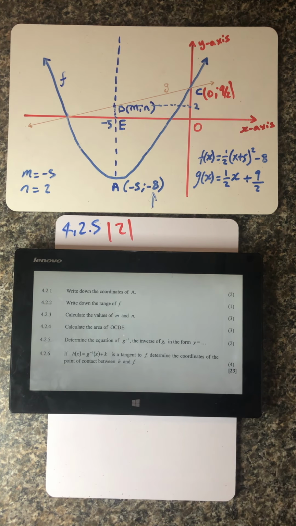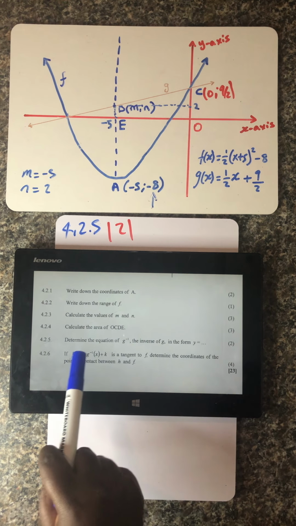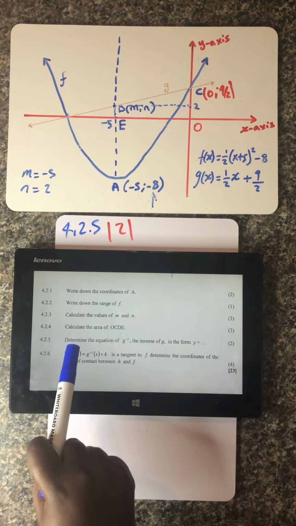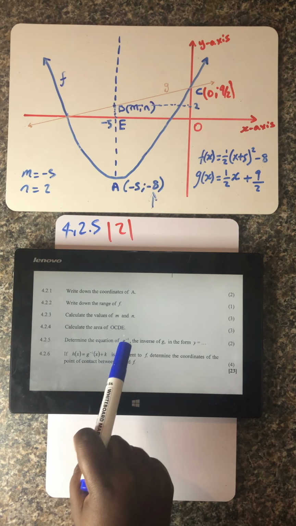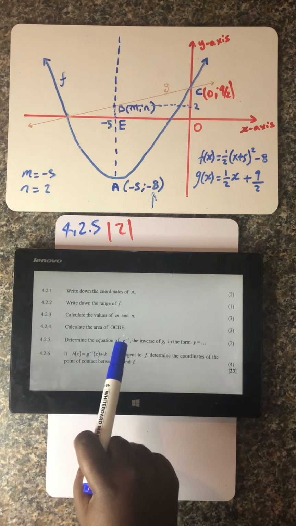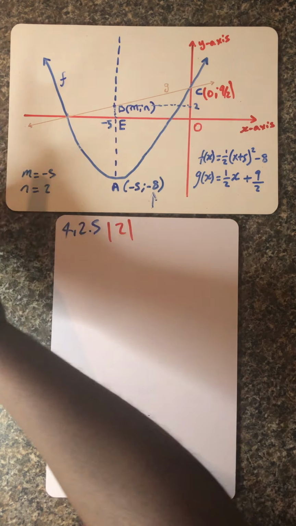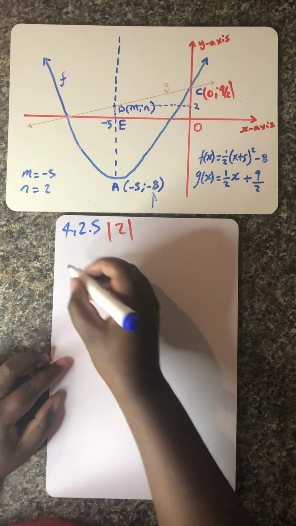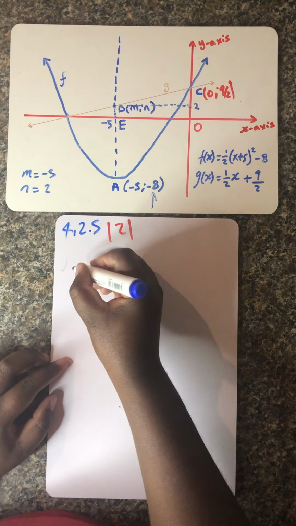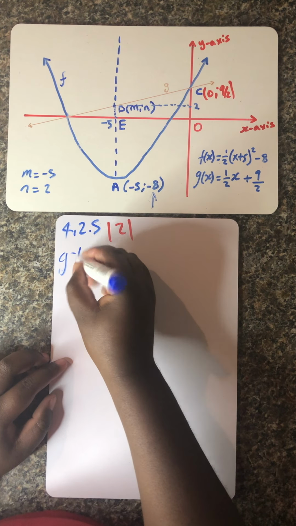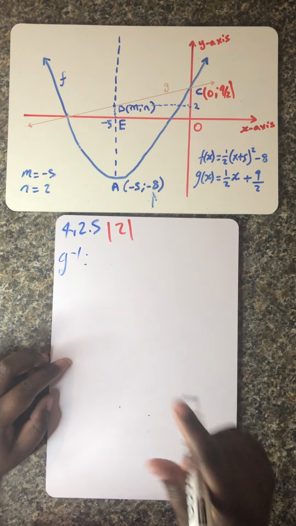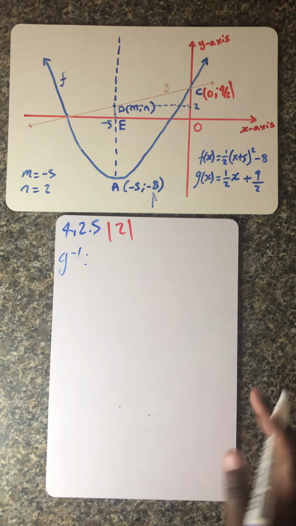At all times, guys, before I even understood what is meant by the inverse, I always knew that for a question which looks similar to this one, where they want you to determine the equation, and it has G to the power -1, not necessarily G, it could be F, but something to the power -1, and from there they said in the form, then I know this is that situation where they want you on the graph of G. Remember, G to the power -1, okay? So they want you on this graph of G to just swap those variables or the quantities.